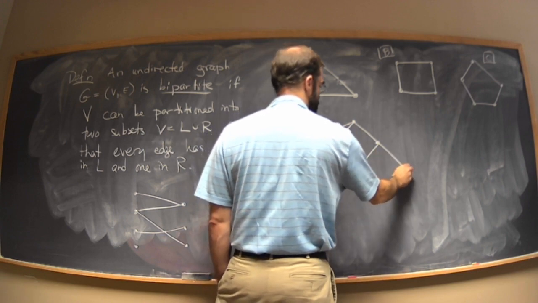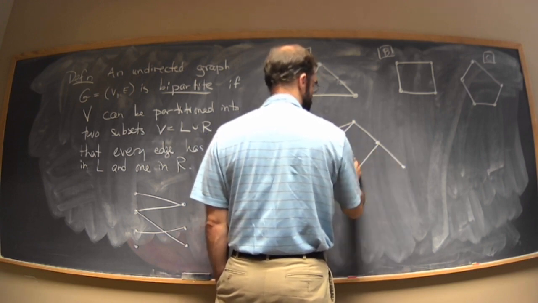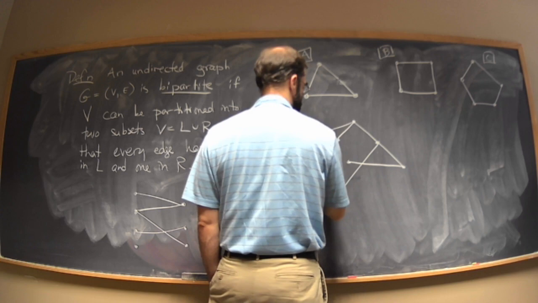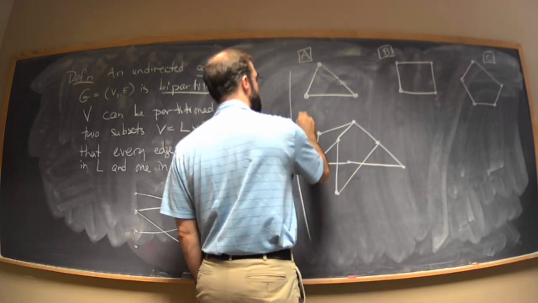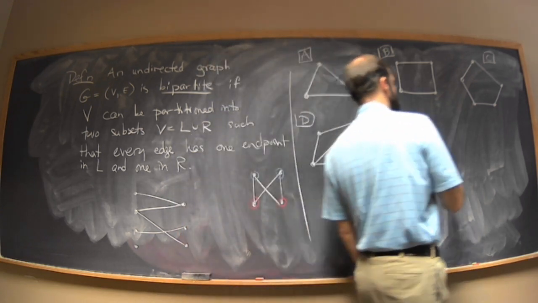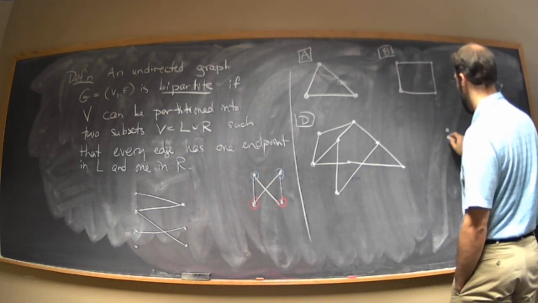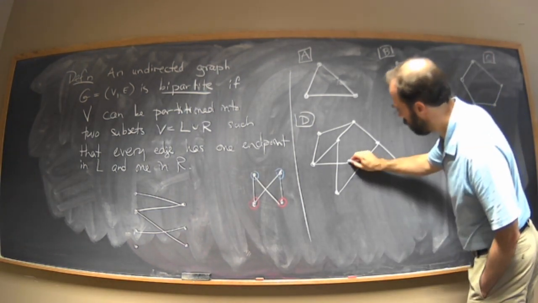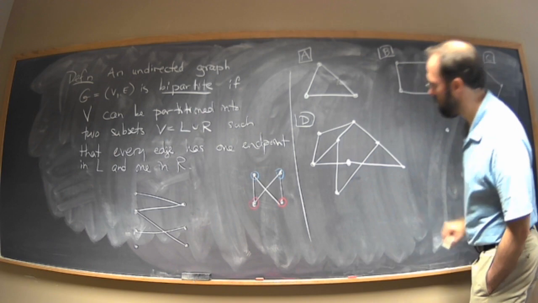Let's see. Okay, this is graph B, and then make one over here. So that's a vertex there, by the way. Make that clear.